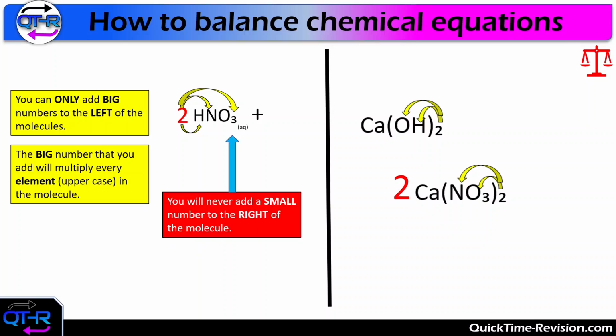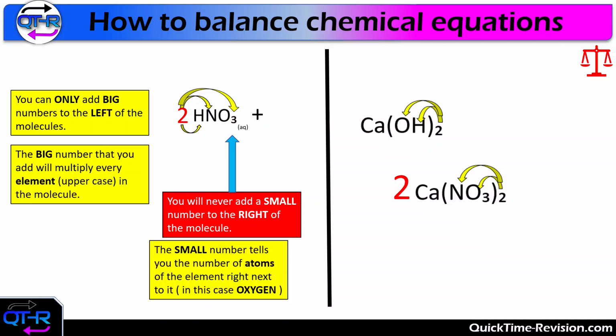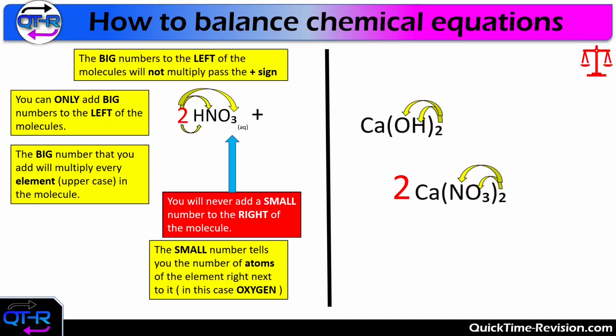You will never add a small number to the right of the molecule because that is just how the molecule is. The small number tells you the number of atoms of the element right next to it, in this case, oxygen. That 3 belongs to the oxygen, meaning that there are 3 oxygens. It doesn't belong to the nitrogen or the hydrogen, just the oxygen.